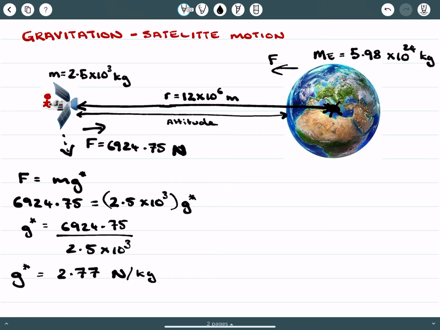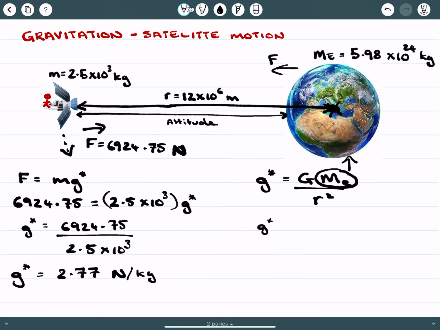Now, there's another way that we can find this, and it's this law where we've played with Newton's universal law of gravity, and we use the big mass. So this m value here is taken from the larger mass.